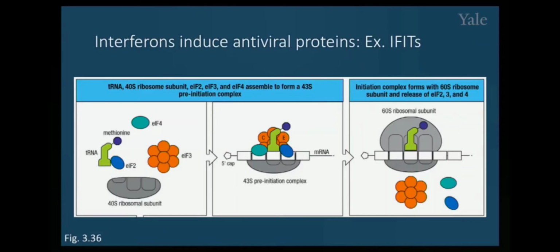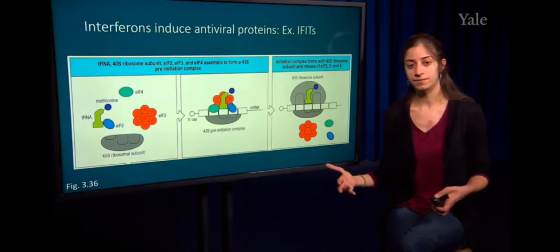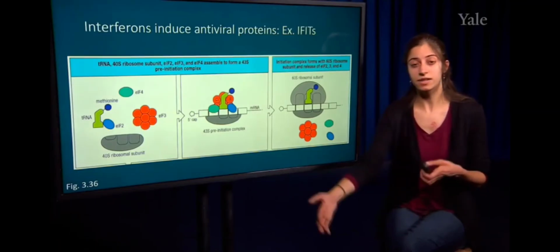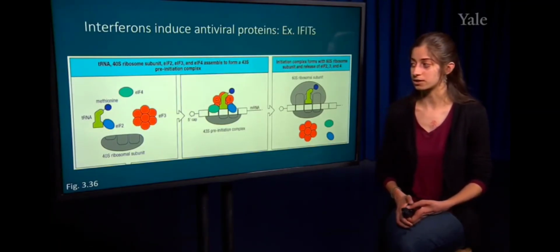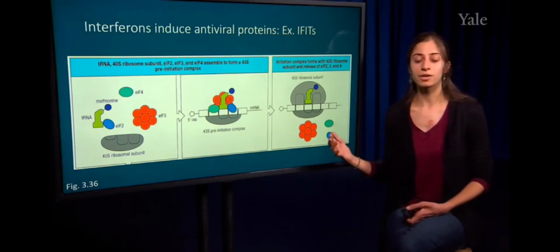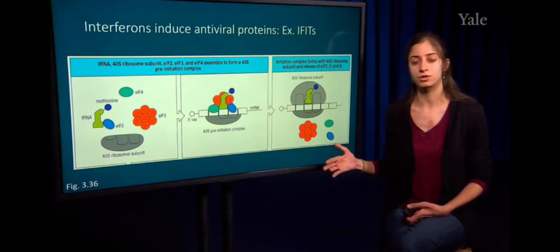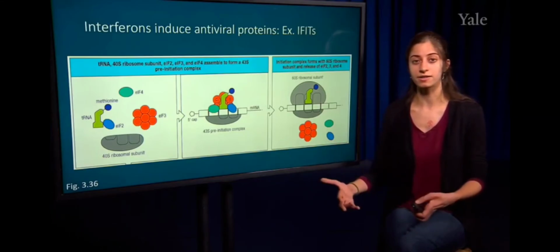This complex then joins up with the 60S ribosome subunit and releases EIF2, 3, and 4. The release of EIF2, 3, and 4 actually activates the translational activity of the ribosome and thus the production of proteins. You'll remember that as viruses infect cells, they oftentimes will utilize this host machinery in order to translate their own proteins and thus build up more virus and replicate.